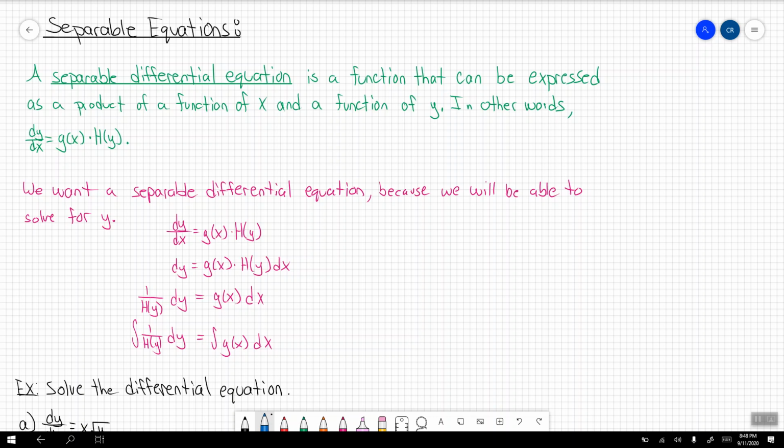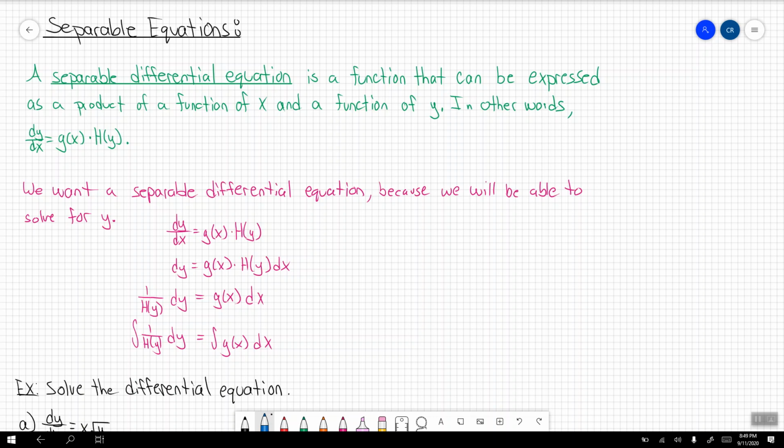In other words, if we take the differential equation that we're looking at, can we factor it into a product of all of your x values, which will be condensed into one function, and separately all of the y values, which will be condensed into a separate function? If we can do so, then this is a separable differential equation.